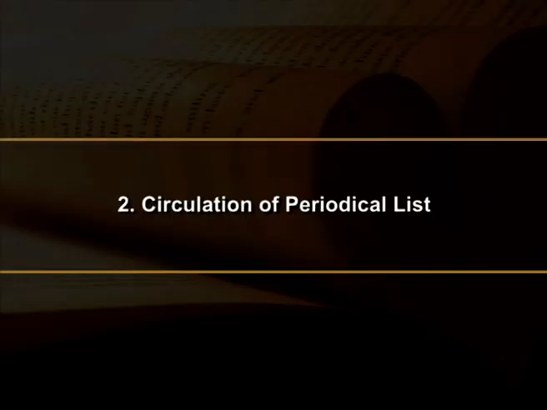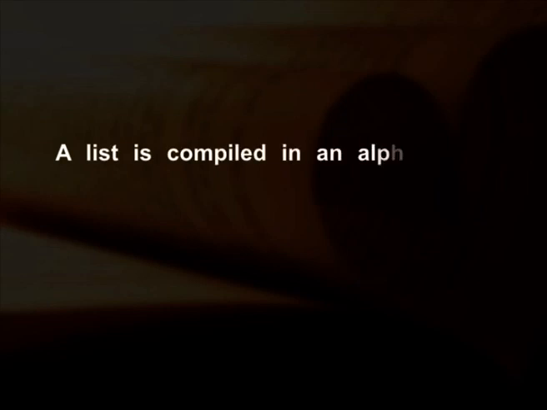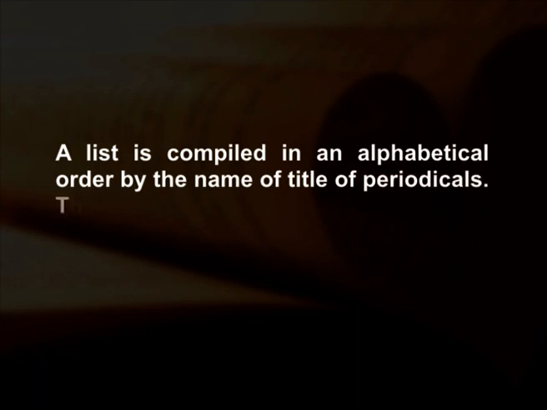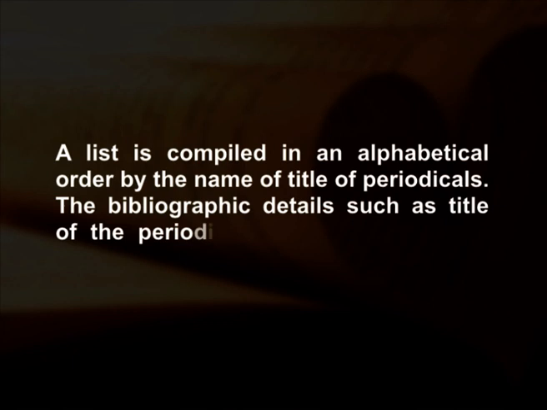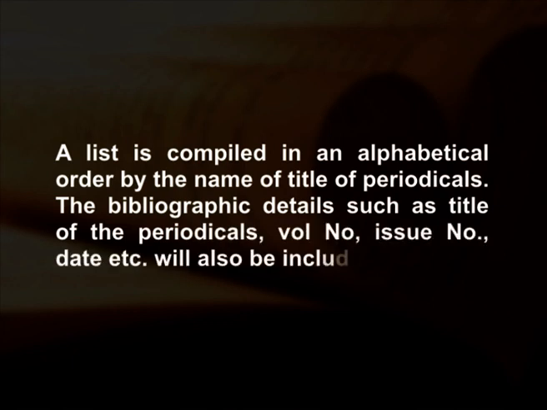2. Circulation of periodical list. This method is to inform the new arrivals of current periodicals. In this method, a list is compiled in an alphabetical order by the name of the title of periodicals. The bibliographical details such as title of the periodicals, volume number, issue number, date, etc. will also be included.